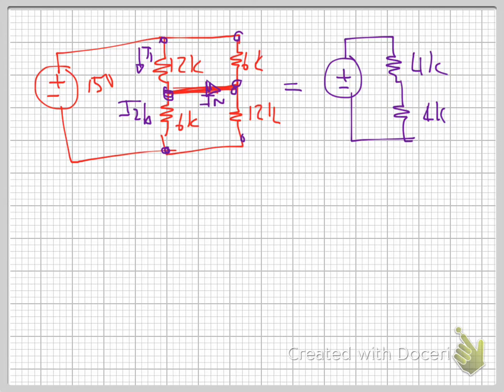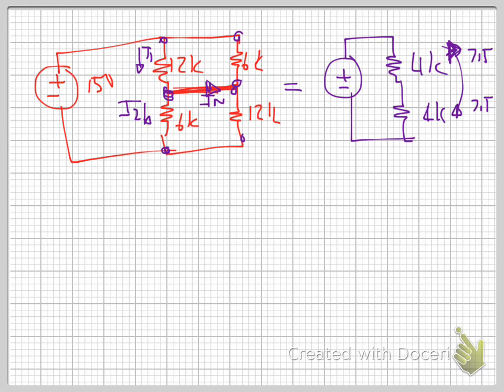So therefore, for you to find the current IN, it is equal to, because here you've got an equal voltage division going on, right? You've got your voltage here. So the voltage here is going to be equally divided between the two 4K resistors. So you got 7.5 here and 7.5 there, okay? Basically, this is what's happening, okay?